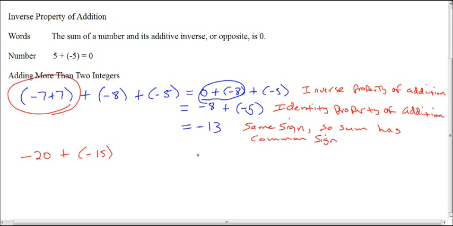Also, I want you to work 300 plus 111 plus a negative 44 plus a negative 256.